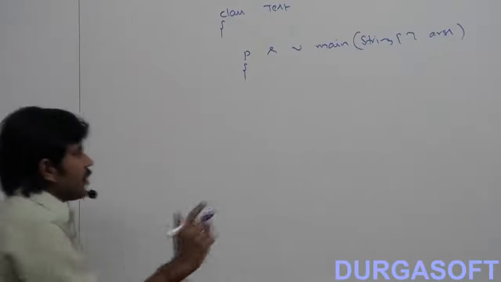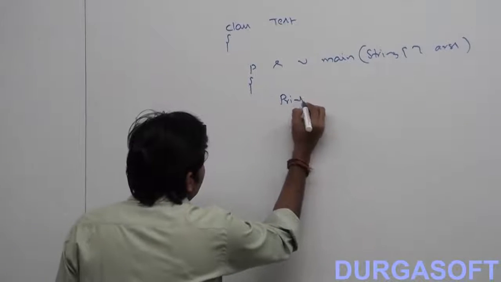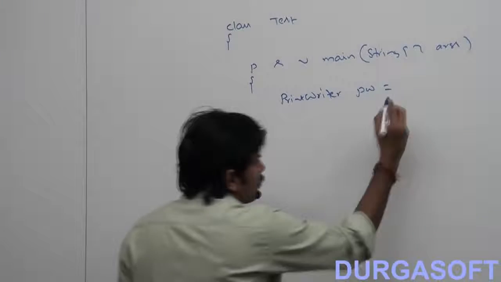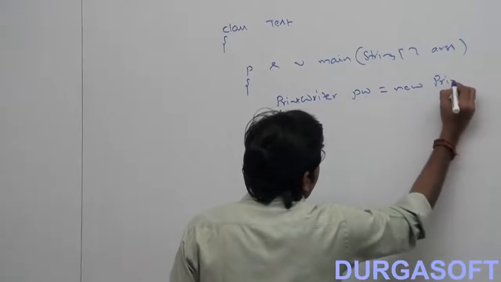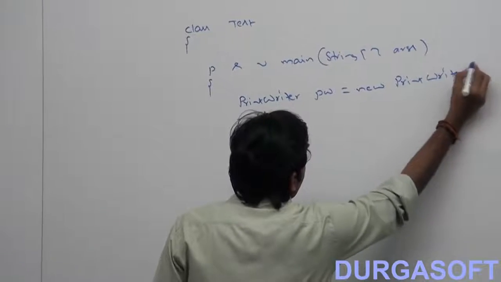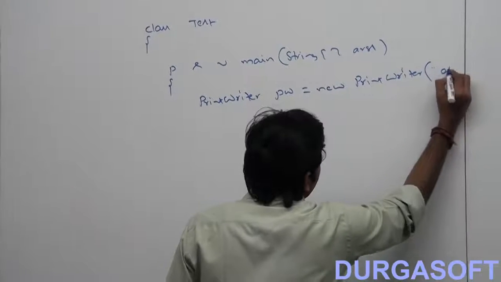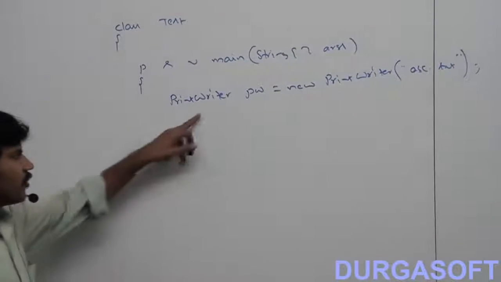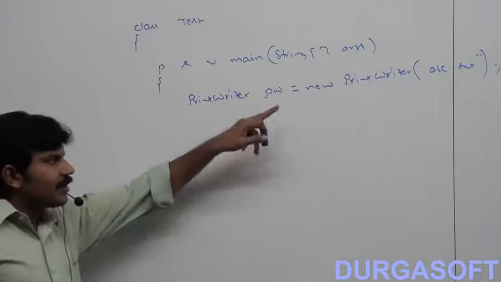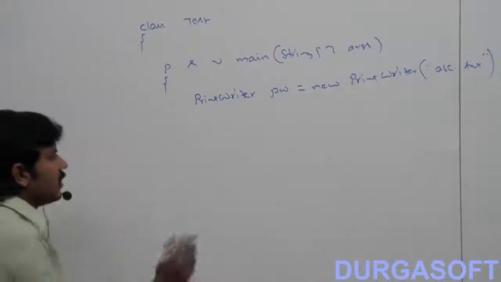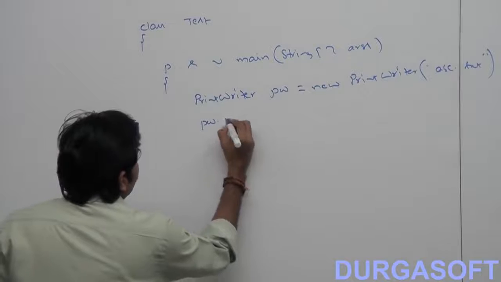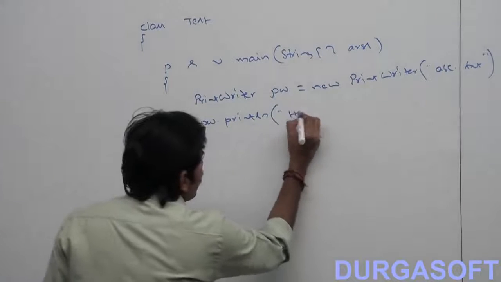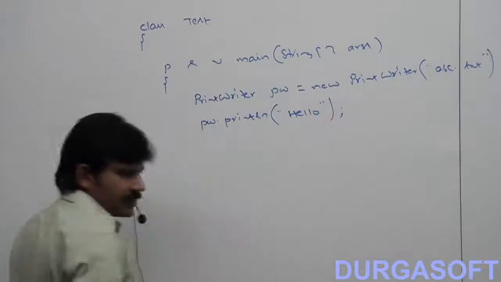My requirement is to take a PrintWriter: PrintWriter pw = new PrintWriter("abc.txt"). I am creating one PrintWriter to write data to the file abc.txt. I am trying to write pw.println("hello").